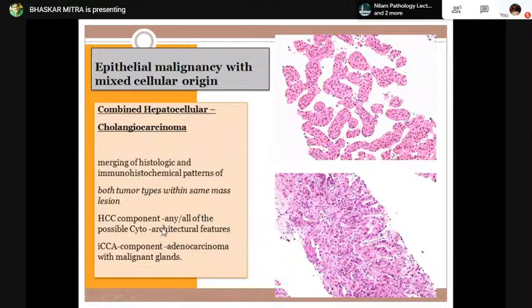So hepatocellular carcinoma component, all of this possible cytoarchitecture. Here we can see the trabecular appearance as seen in hepatocellular carcinoma, the typical macrotrabecular, and the glandular appearance with a desmoplastic stroma seen in cholangiocarcinoma. So components of both malignant adenocarcinoma and hepatocellular carcinoma can be seen in the same tumor mass.